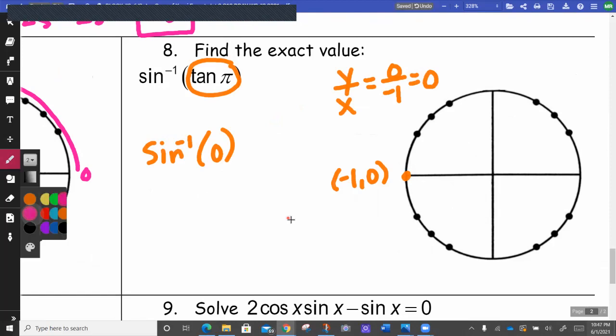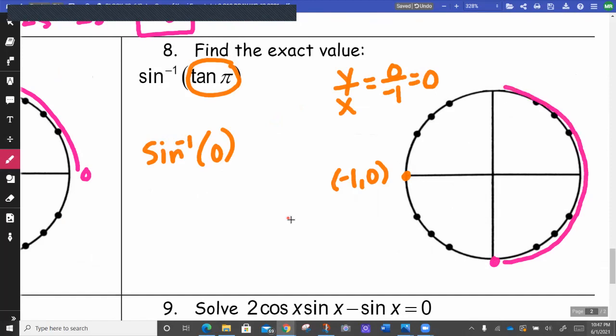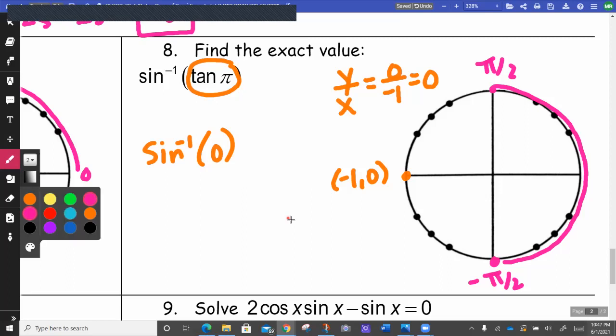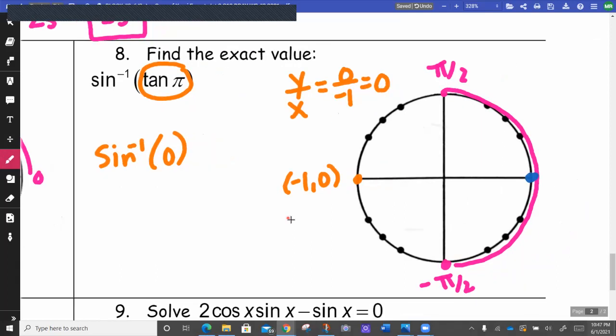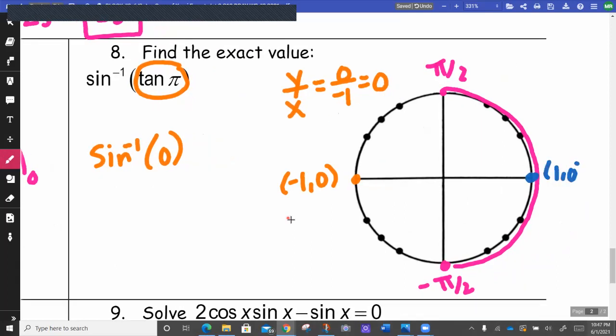Sine inverse goes from here to here, which is negative pi halves to pi halves. My sine being 0, we want my y to be 0, which is right here, 1 comma 0, and that radian is 0. So my answer is 0 radians.